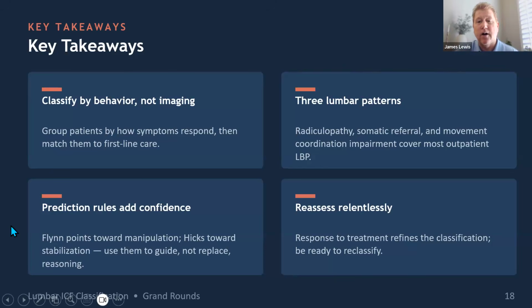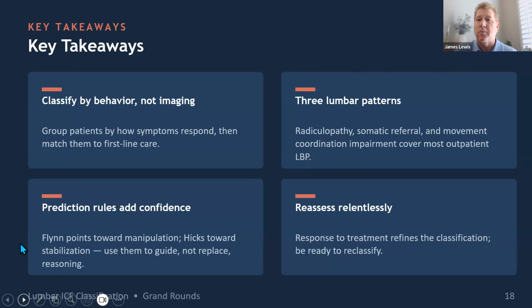The prediction rules add confidence to us. They help by showing us what the evidence says, and that can then help us with that patient relationship, bringing the evidence in and saying, look, this piece of literature is telling me that what we're doing is going to help. If it doesn't, then we can get some additional help with referral back to the doctor.